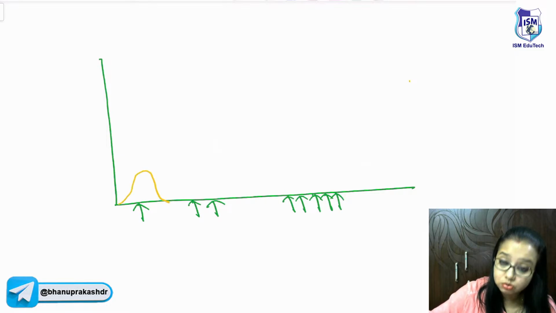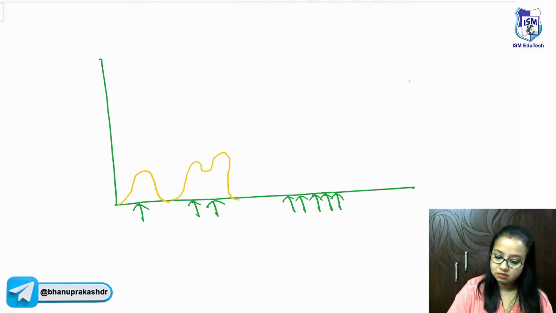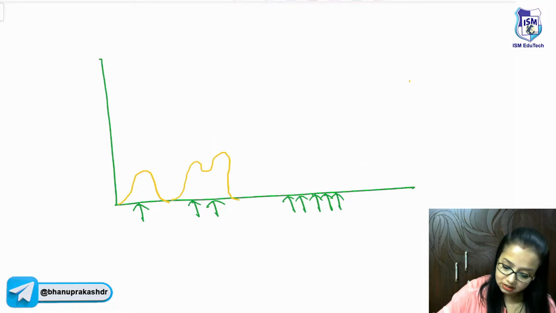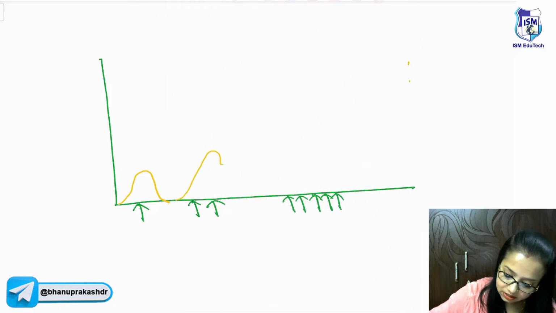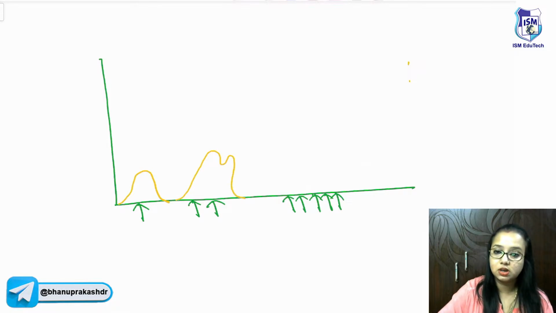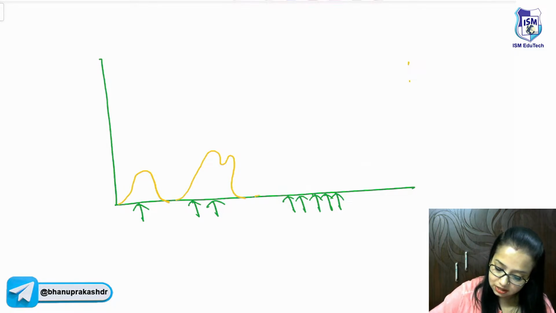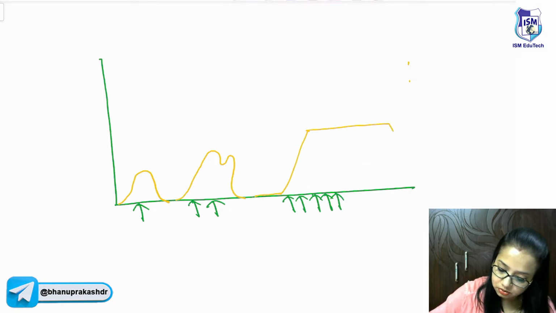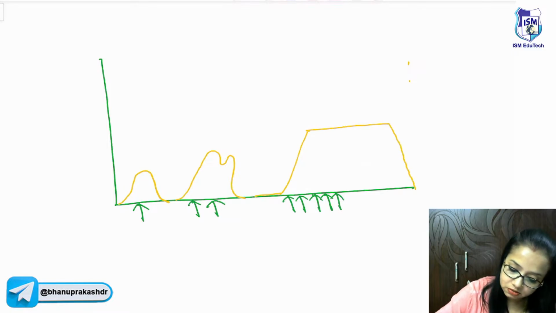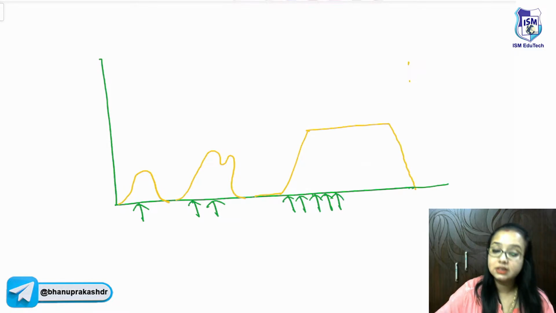In response to two stimuli, it may sum and give a two twitch, or it can be in a declining mode also, a decremental twitch. Decremental twitch means initially the first half may be bigger and then the second half may be smaller. Now, if numerous back to back stimuli are given, then it might result in a non-responsive phase for a long period of time, which is called a tetanus.